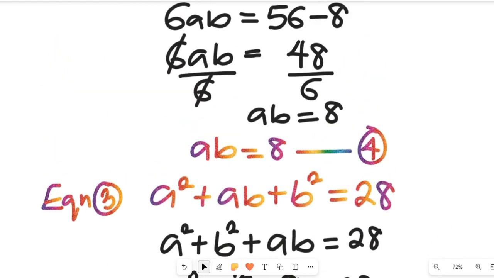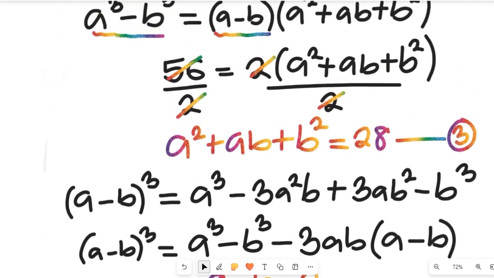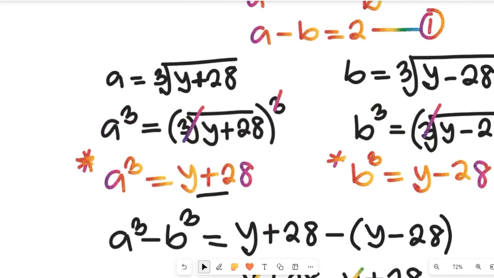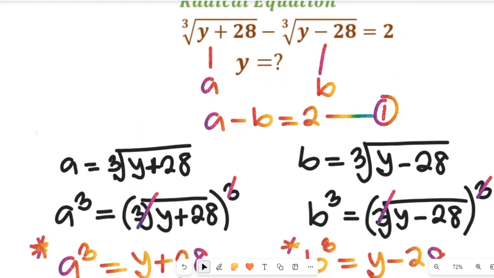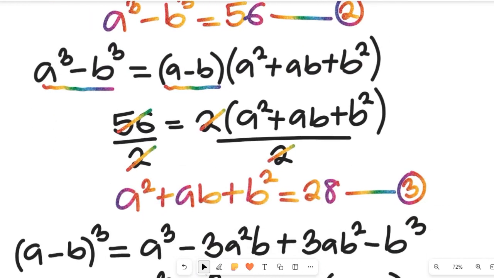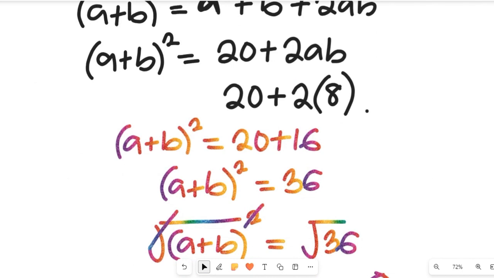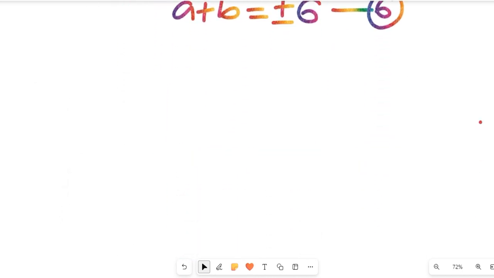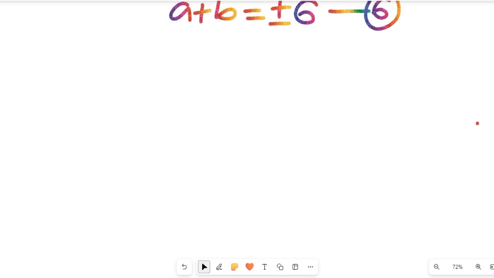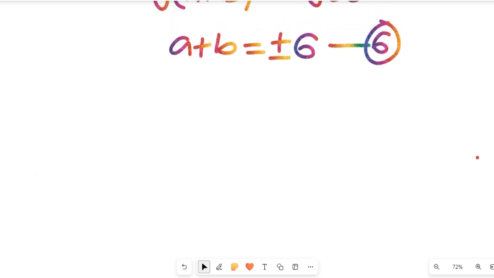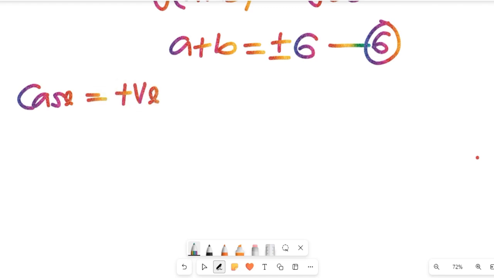Now recall that we are asked to find the value of y. So how do we find the value of y from all these expressions we have derived? Recall from initial equation 1, we said a minus b is equal to 2, and now we have a plus b to be equal to plus or minus 6. In case 1, we're going to consider the value of a plus b to be positive 6.